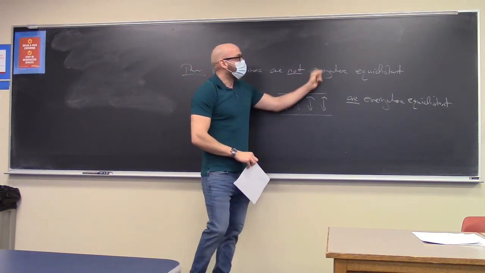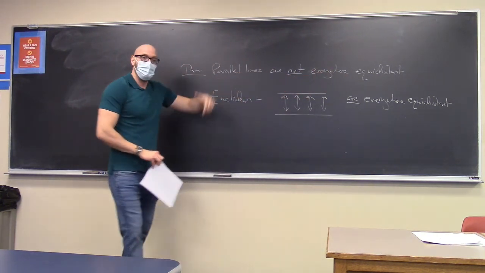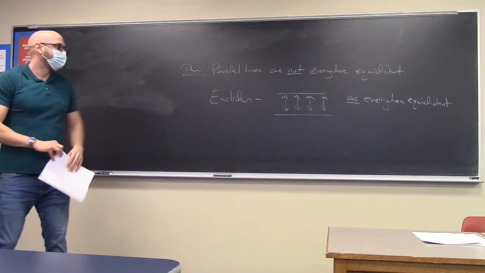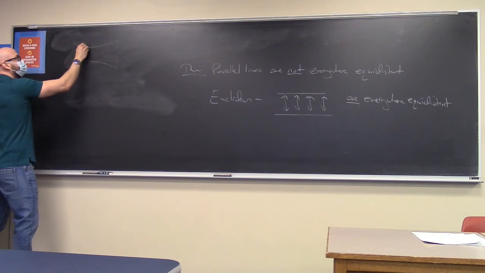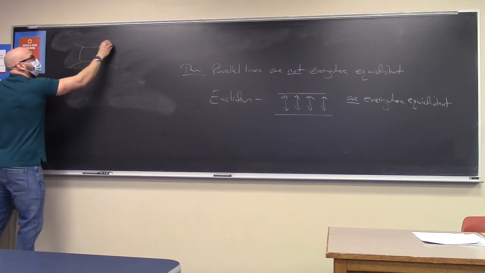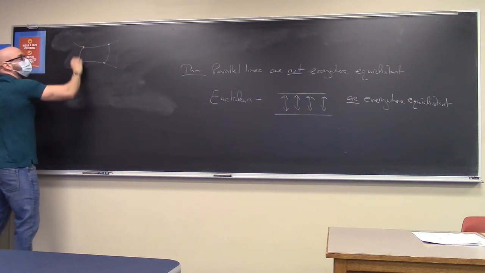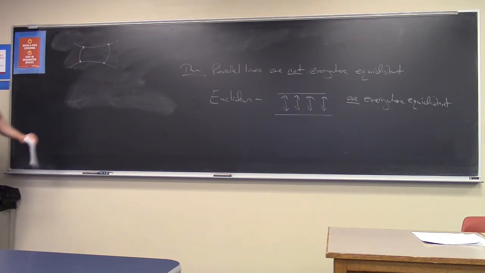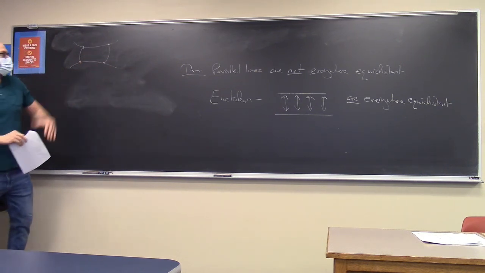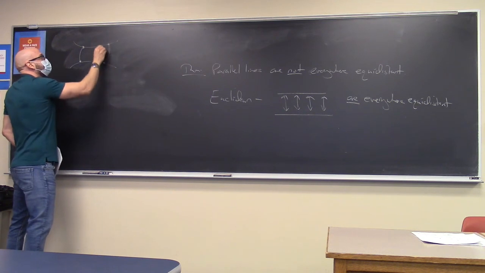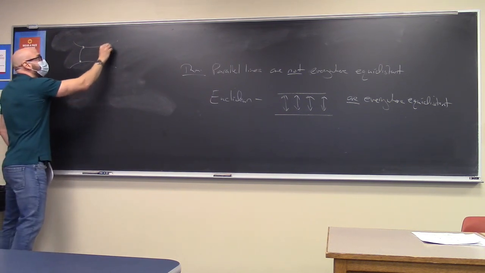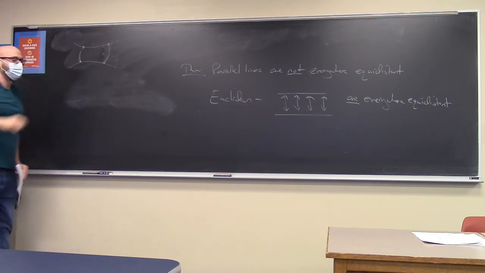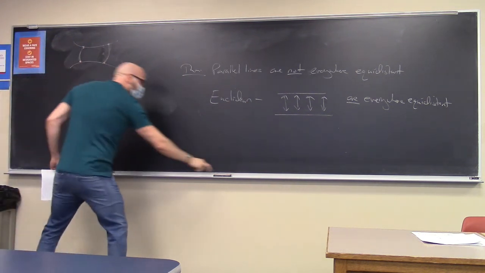If I say they're not everywhere equidistant, that doesn't mean they're nowhere equidistant. So parallel lines, you might have something like this. Here, the distance between the lines is the same, right? So they're not nowhere equidistant, they're just not everywhere equidistant, meaning if I take the distance here and the distance here, that's different. But the distance here and the distance here are the same, right? So be very careful when you're reading this statement.